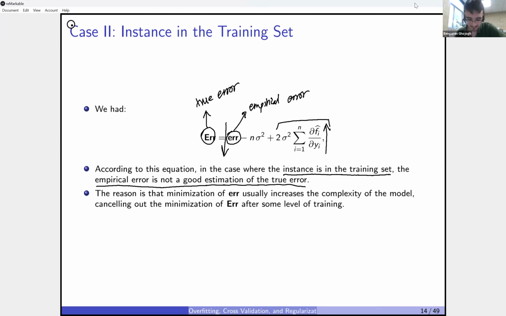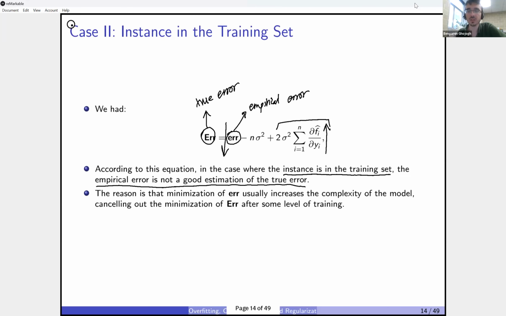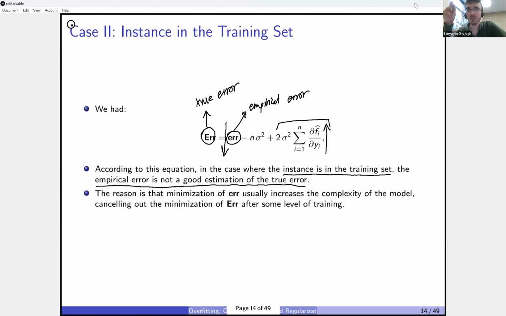No, because the complexity error also goes up. We'll see in a few slides that after a while of training, while you are reducing the empirical error, the complexity goes up and you overfit.